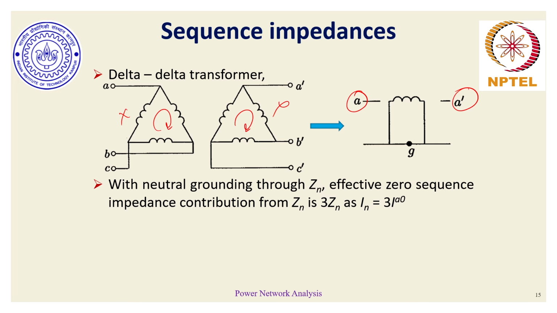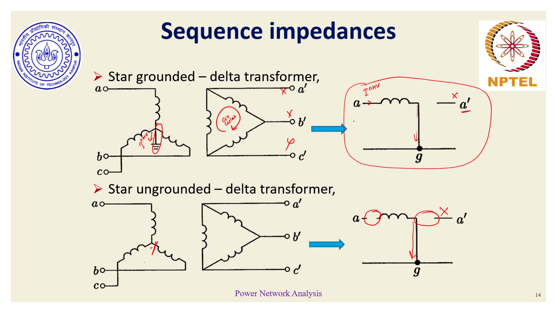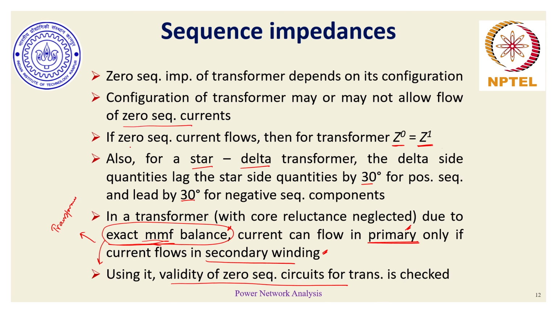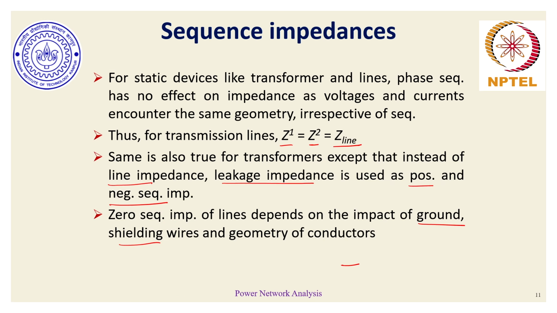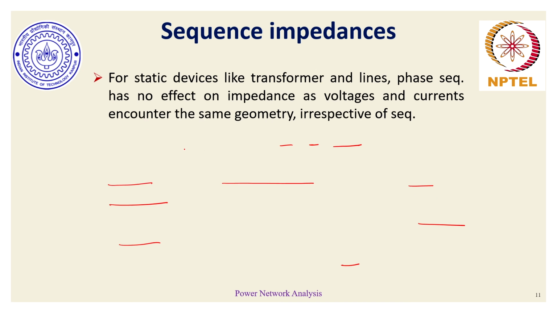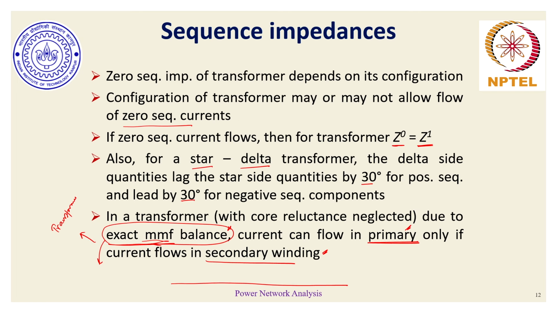In case the neutral is grounded through an impedance, which is indicated by this neutral impedance, then as we have seen for the three-phase balanced load, 3 times the neutral impedance was appearing as the zero sequence impedance. The same is also applicable for transformers.